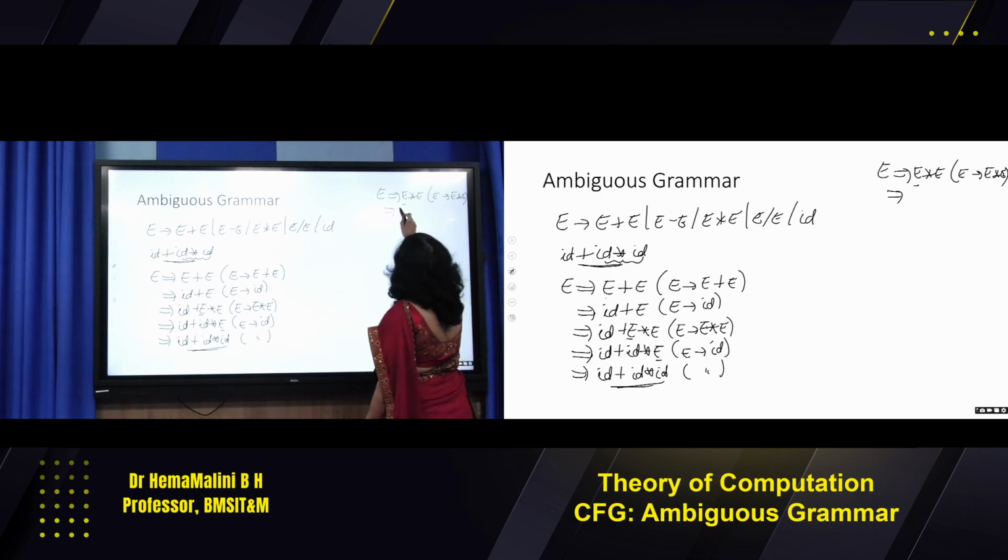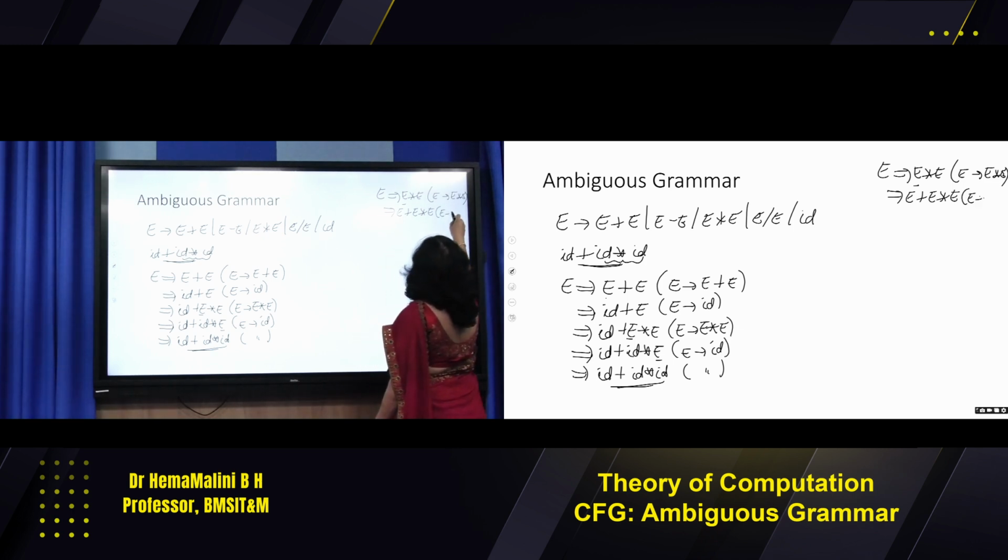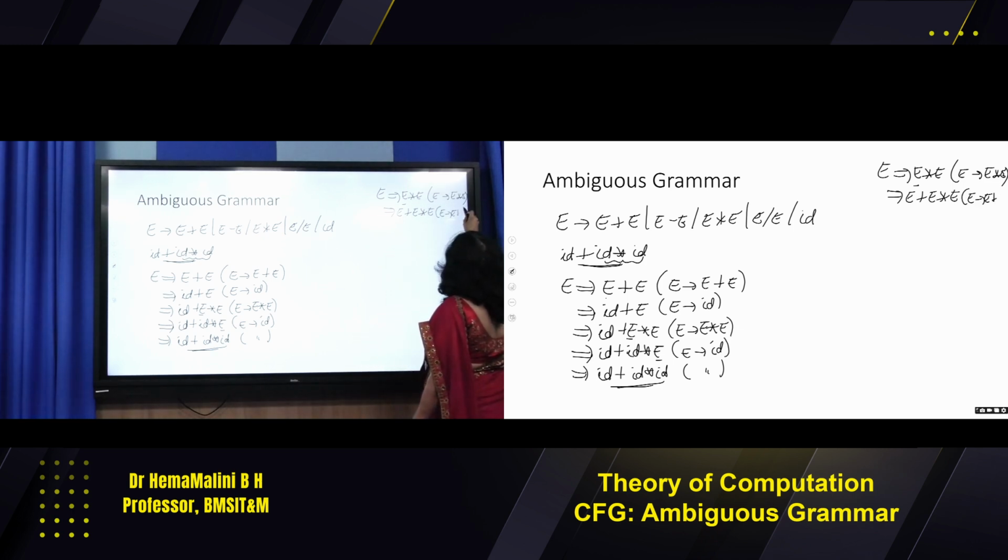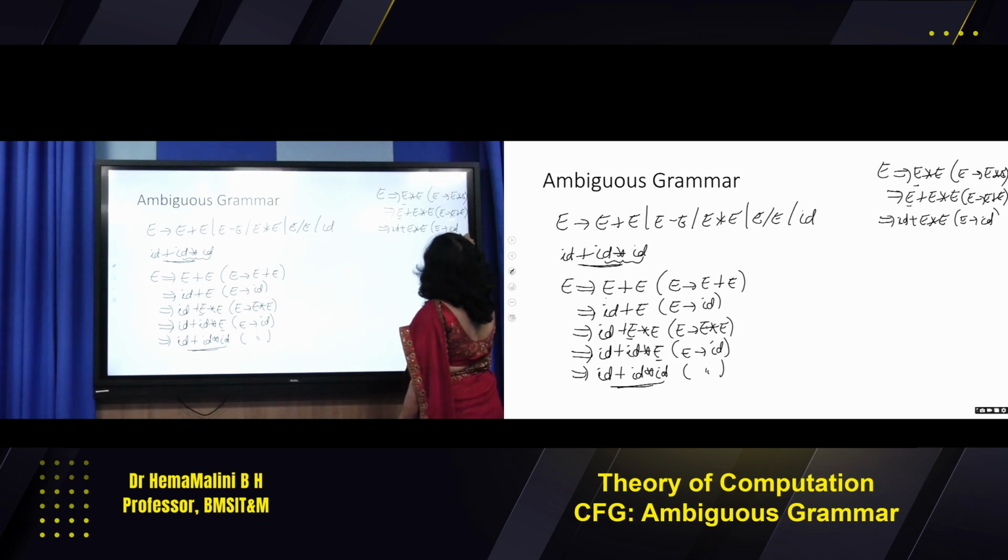So for this let us take E plus E star E by putting E produces E plus E. So for this let us take ID plus E star E by putting E produces ID. So ID plus E is ID star E, same production.